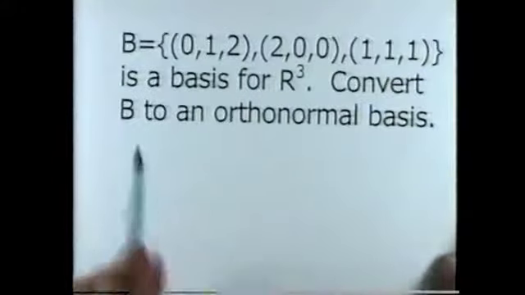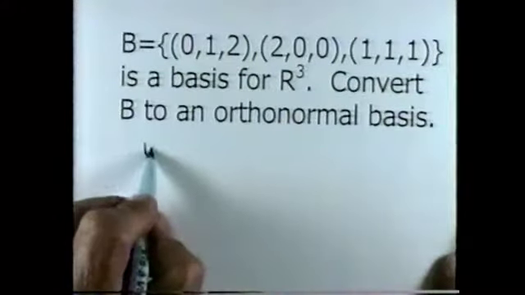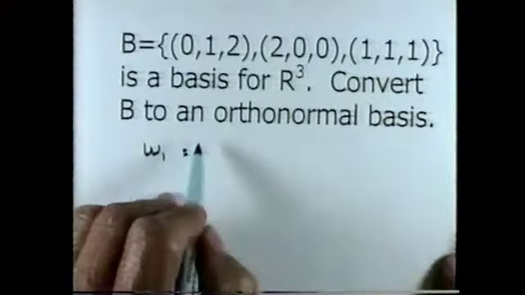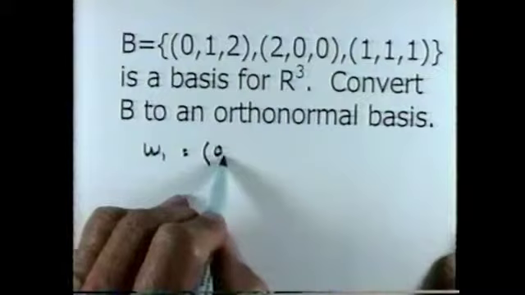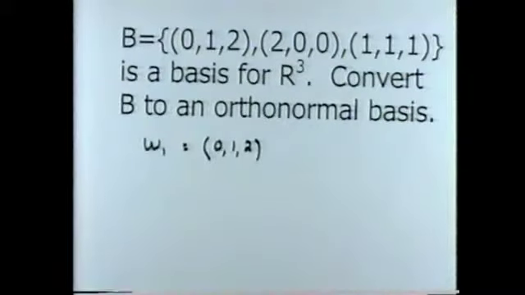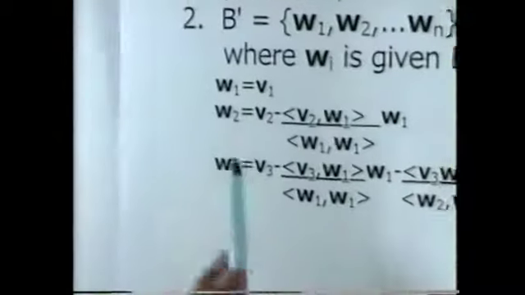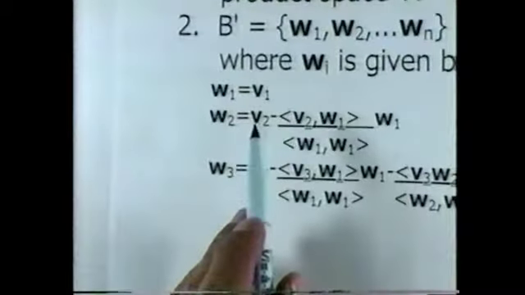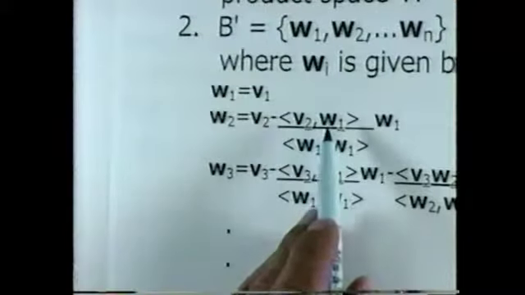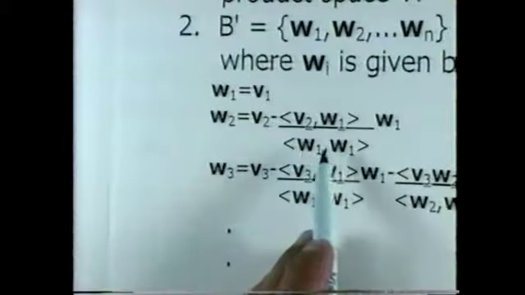So the first step would just be let W1 equal V1, which is (0, 1, 2). Now, W2 is going to equal V2 minus the inner product of V2 with W1 over the inner product of W1 with W1 times W1.